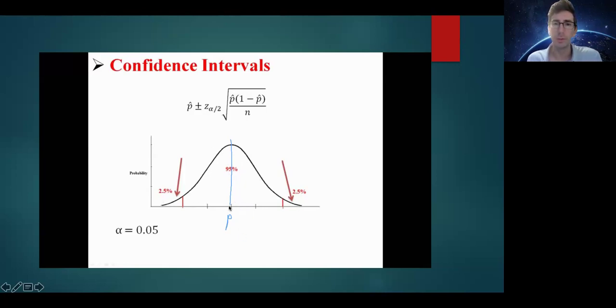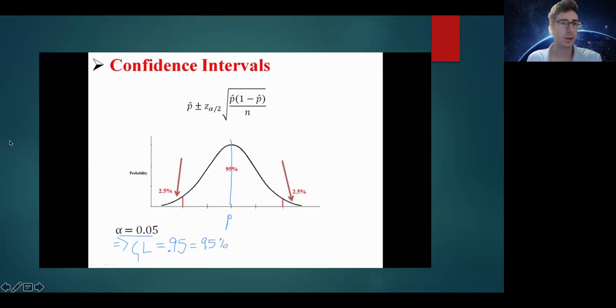We don't know what that population proportion is, but when we set our alpha to 0.05, this means that we're setting our confidence level equal to 0.95 or 95%.